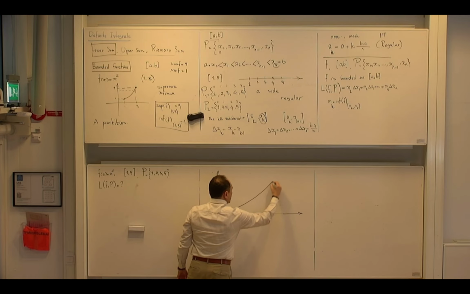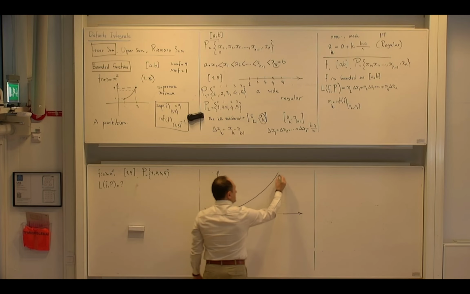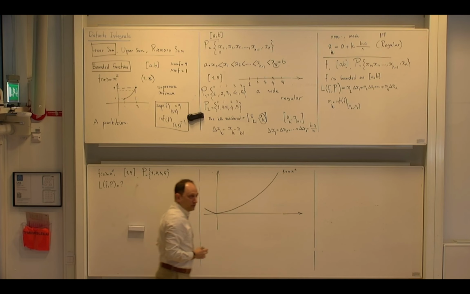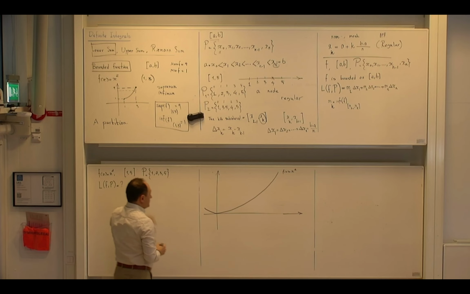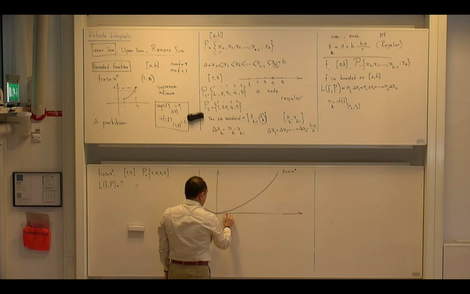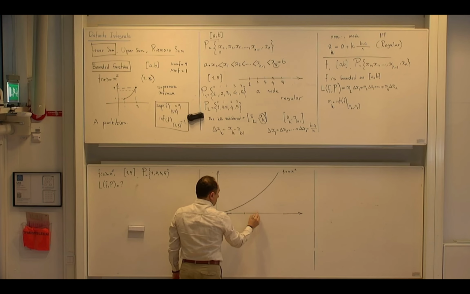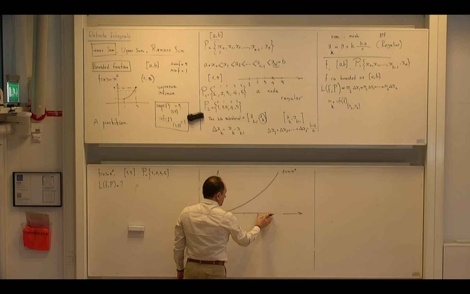Let us exaggerate a little bit. Let us assume that this is my function f(x) equals x squared. And then I go from 1 to 5, so here is 1, and then 2, 3, 4, and then 5.